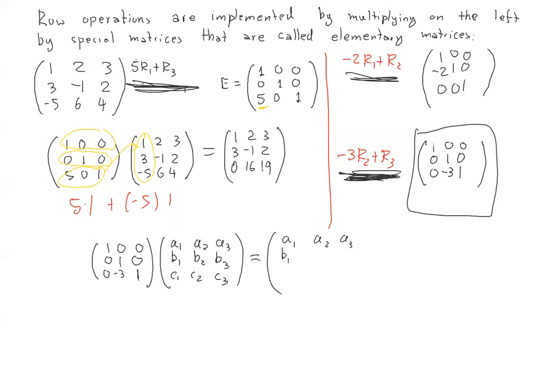So here on the second row, you will get B1, B2, B3 because you're multiplying by 0, 1, 0. And then on the last row, you're going to get what? Now think about it carefully. It's going to be minus 3B1, I'm sorry, minus 3B1 plus C1. And then minus 3B2 plus C2. And then minus 3B3 plus C3.